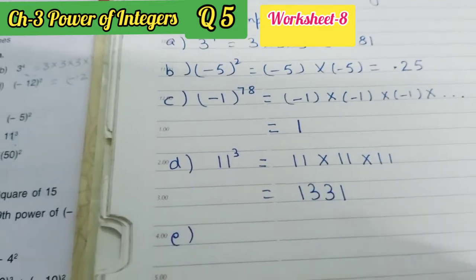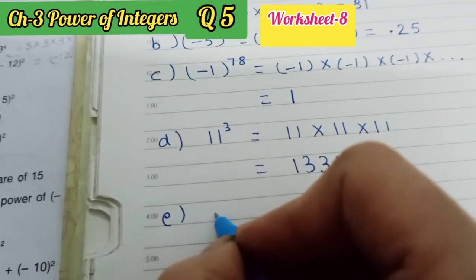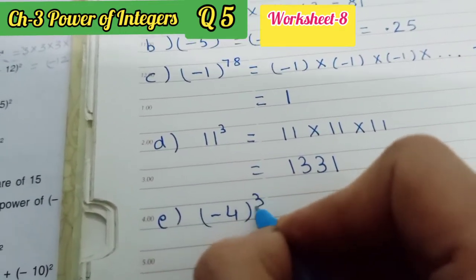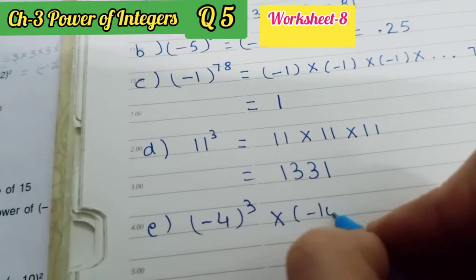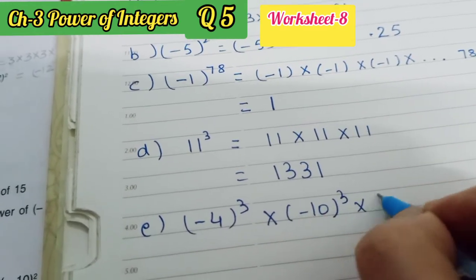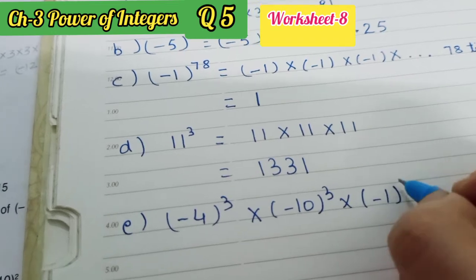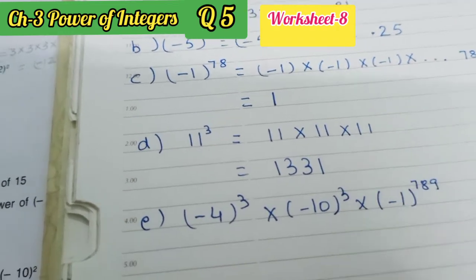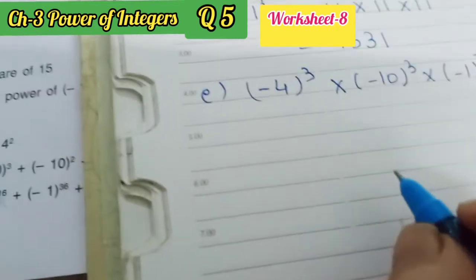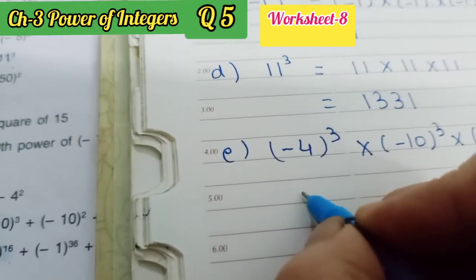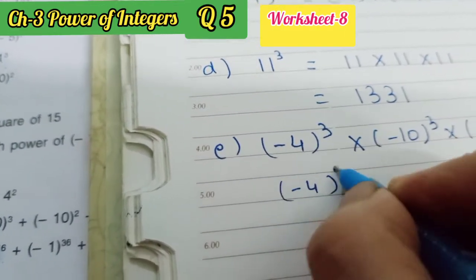You can multiply minus 4 raised to power 3, multiply minus 10 raised to power 3, multiply minus 1 raised to power 789. So solve it. First of all, minus 4 raised to power 3.